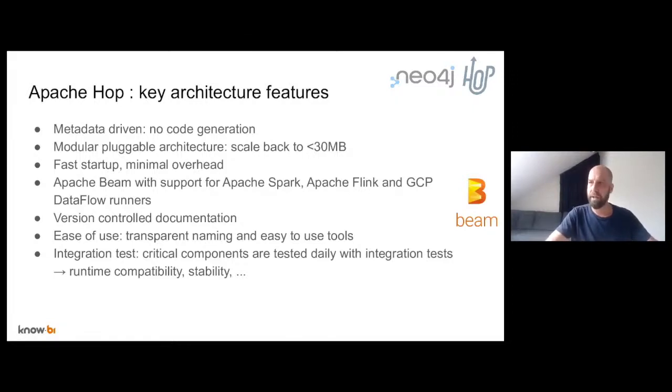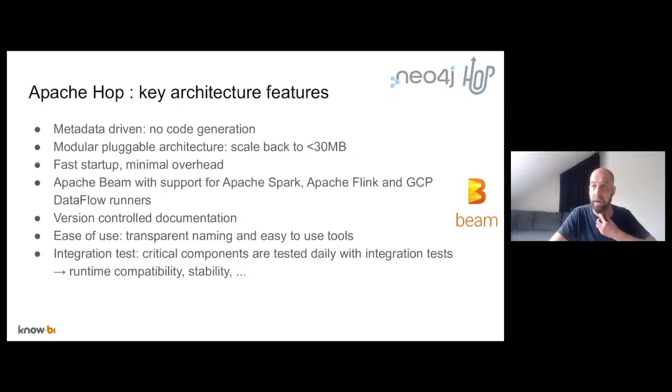A couple of key architecture features. We have a kernel engine, kernel architecture with plugins. Plugins are just folders that you can add or remove, and that allows us to scale back to less than 30 megabytes to run Hop in IoT scenarios on an edge device, or in cloud environments on clusters where you process petabytes of data.